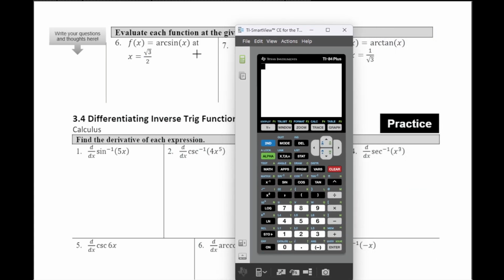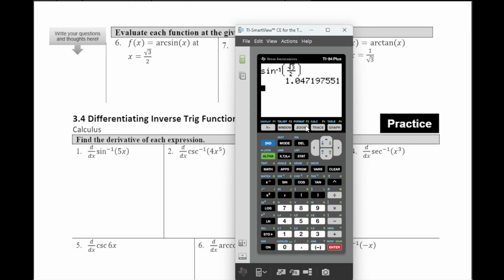So we want to find arc sine of root 3 over 2. In the calculator, you see arc sine is the blue, like sine inverse here. So second sine, and then do math, do the fraction, square root of 3 over 2.